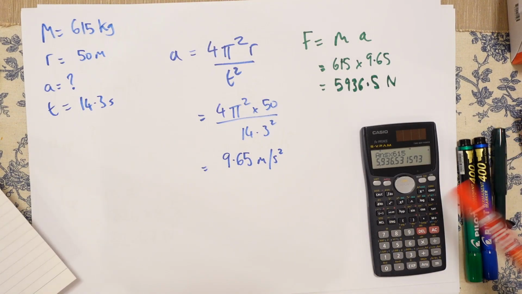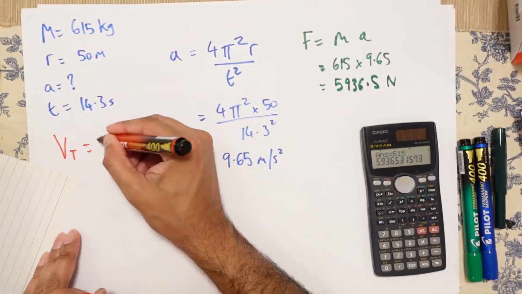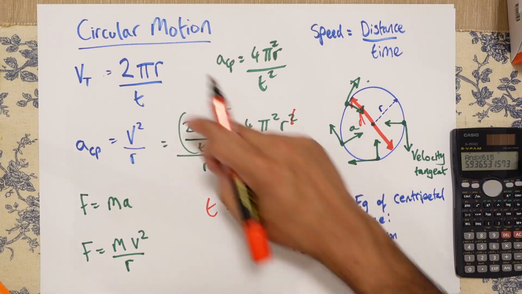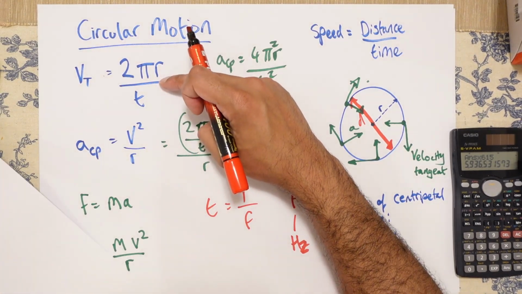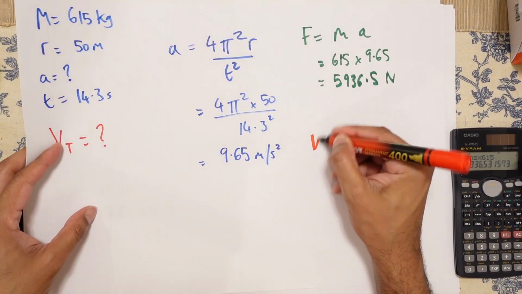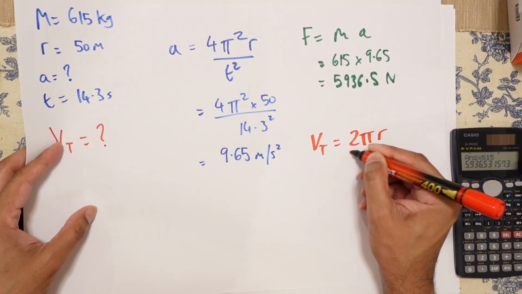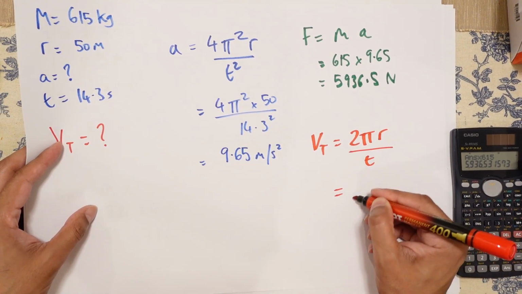Now, just for fun, what we could do is we can try to work out the tangential velocity. We haven't done that one yet. So let's put here VT. So that's our next one. So we can do 2 pi r divided by t. Perfect. Okay. So VT is 2 pi r divided by t.